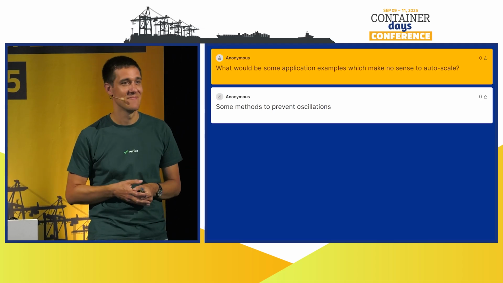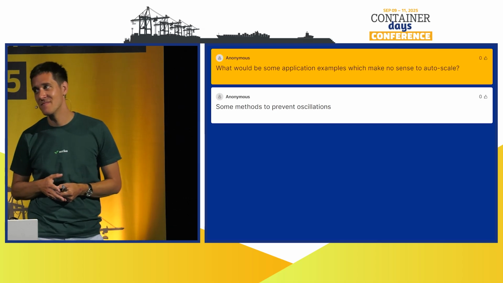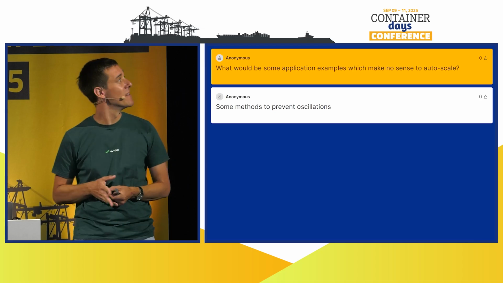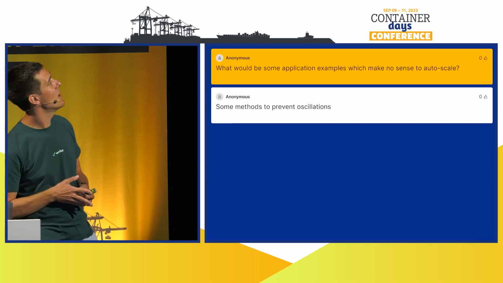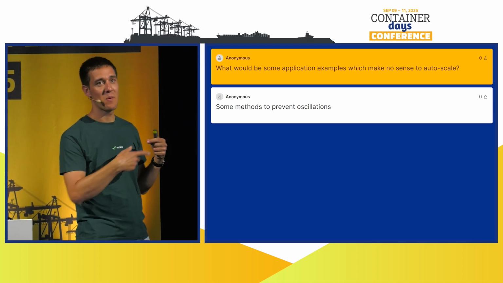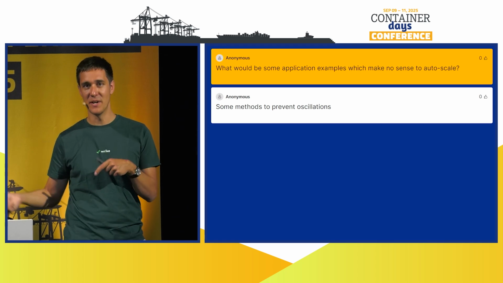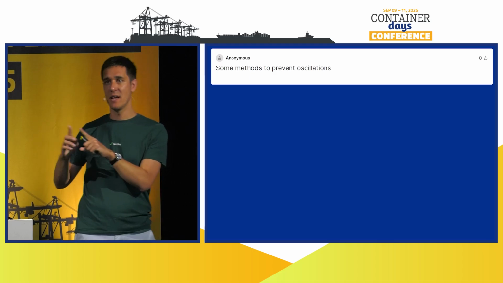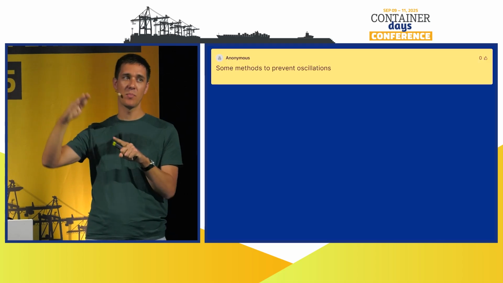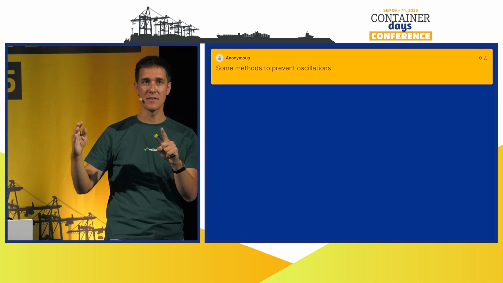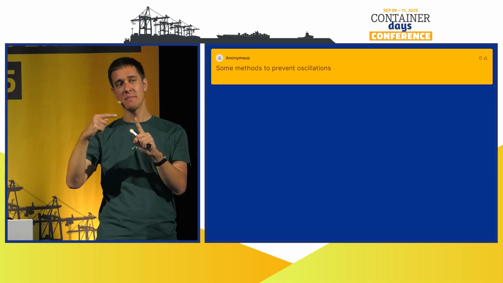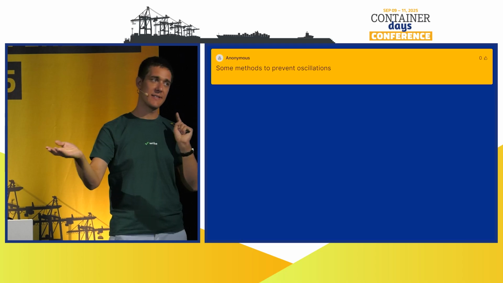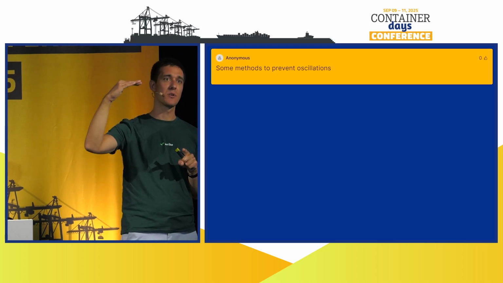Some methods to prevent oscillations? Or oscillation, I am not sure how to pronounce it, I'm sorry. Well, in my presentation, I probably addressed this as spiky traffic or bursts. For example, the stabilization window on the HPA helps you define some limits: how many pods you can scale up and down in a single step, no matter what the mathematical calculation says. Let's imagine you have some burst, let's say some attack, and you scale to 100 pods.